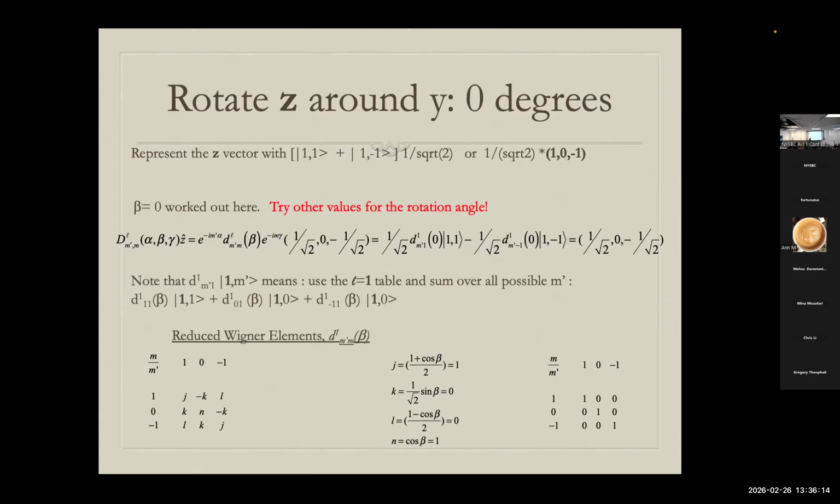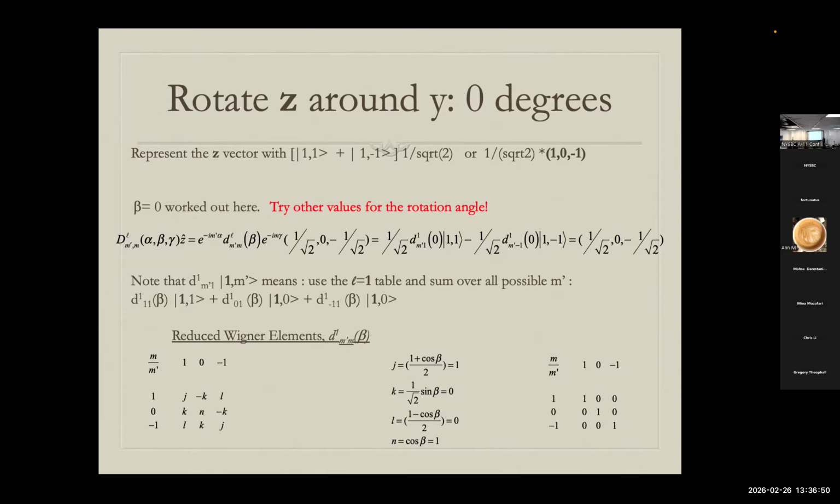And again, I don't need alpha, I just need beta, it's a rotation around Y. So what I'm going to do is fill in beta equals 0 into this table, and I get this. If I have 1, I get 1 back and nothing else. If I have 0, I get 0 back and nothing else. If I have -1, I get -1 back. That's correct.